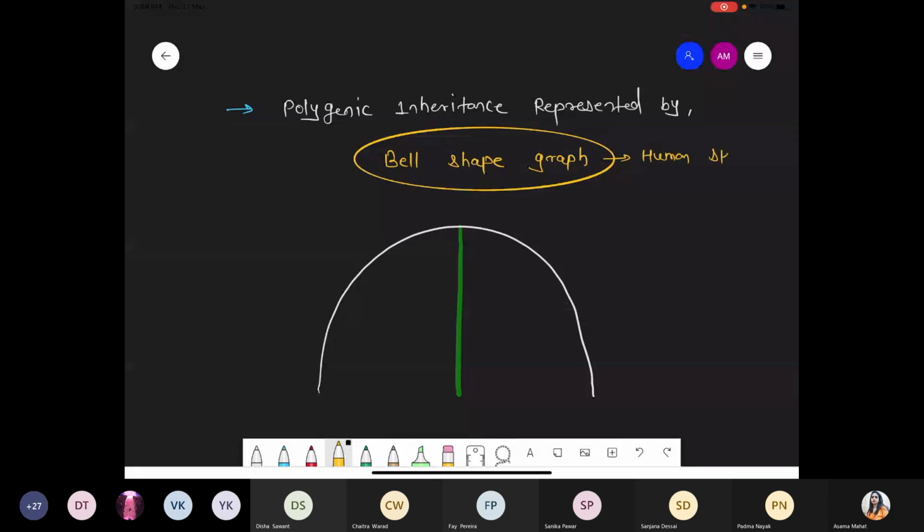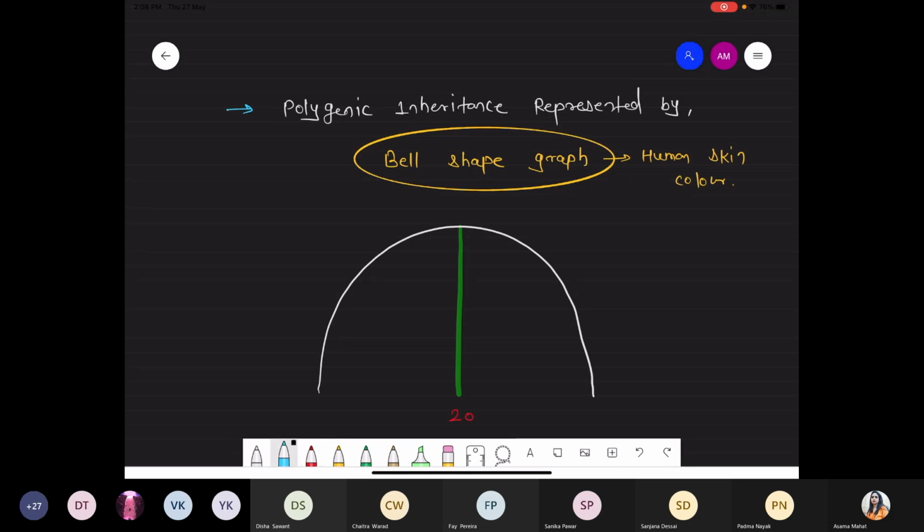Here we represent human skin color. So in the case of skin color in humans, basically they have 1 as to 6 as to 15 as to 20 as to 15 as to 6 as to 1. So maximum, basically, how many do they have? Total number there is 20 progeny. They have the phenotype that is intermediate color.